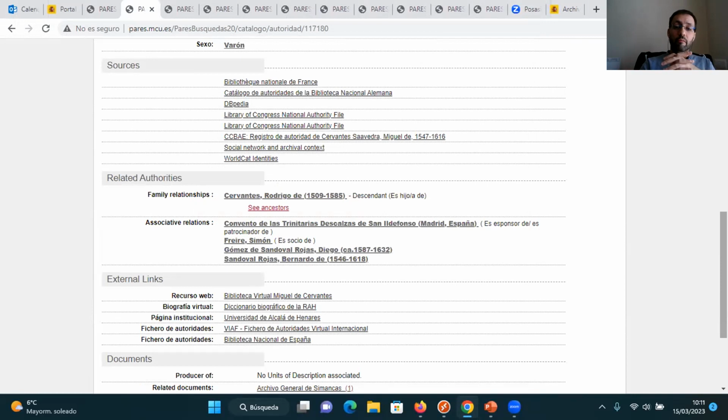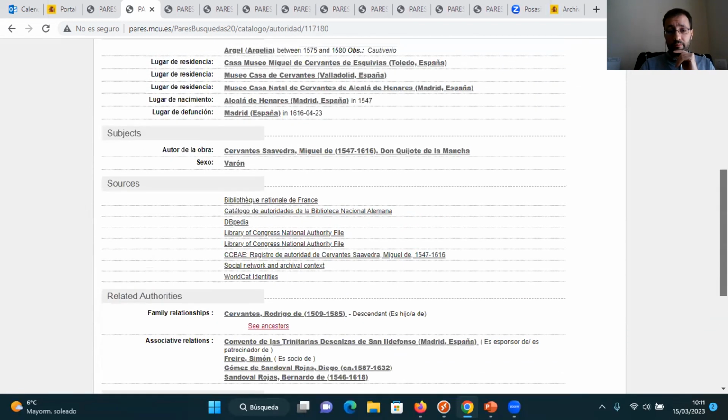We can see this information in different ways, not only the description in our portal, but also genealogical trees, maps, etc.